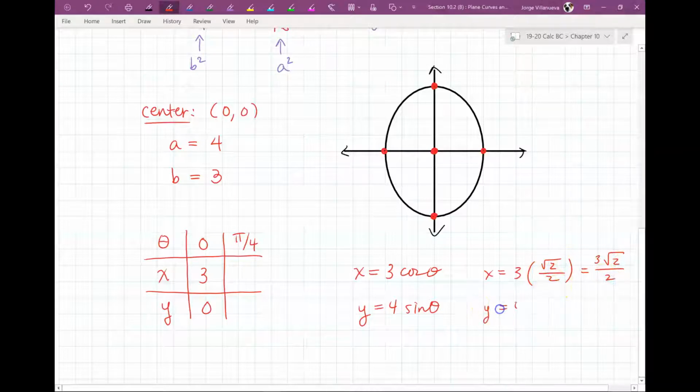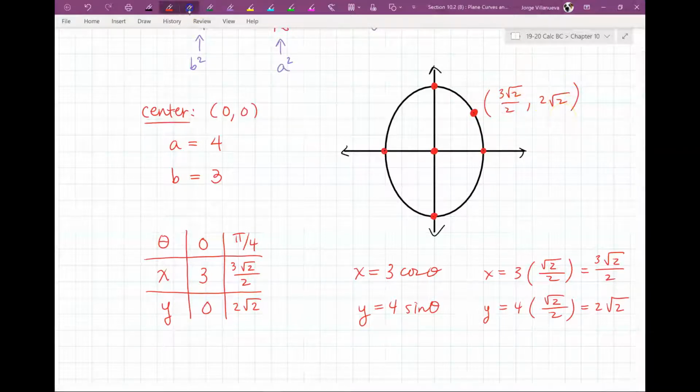And for y, it'd be 4 times sine of pi over 4, radical 2 over 2, so that'd be 2 radical 2. So that's 3 radical 2 over 2 and 2 radical 2, right here. So notice this graph is moving in this direction.